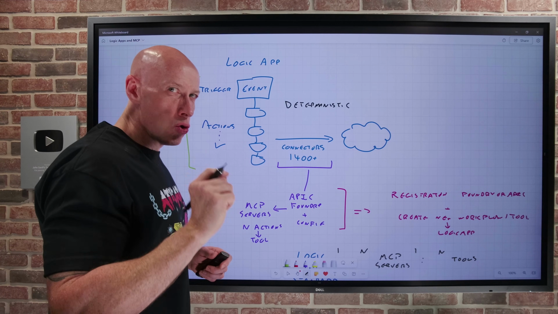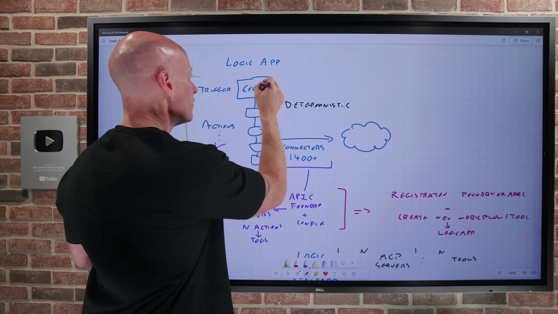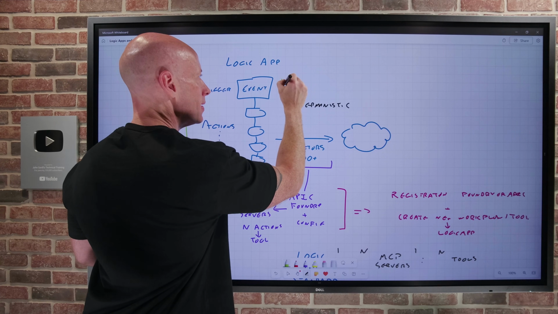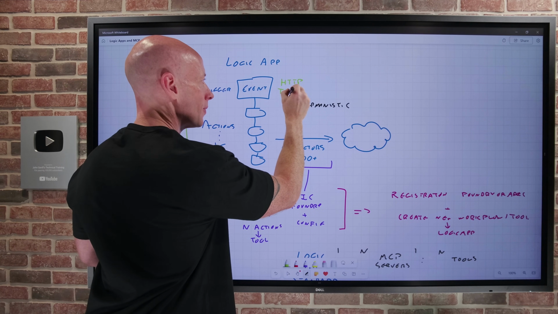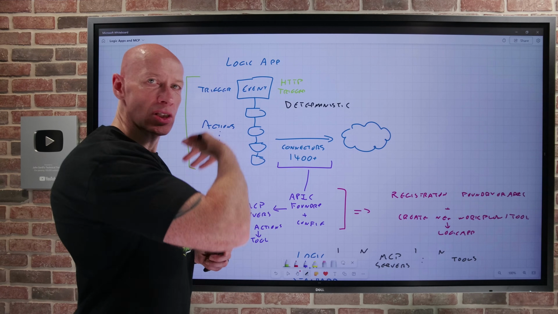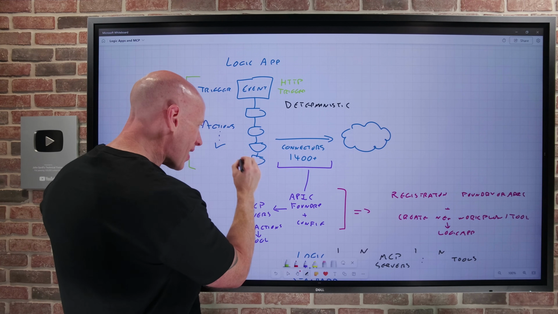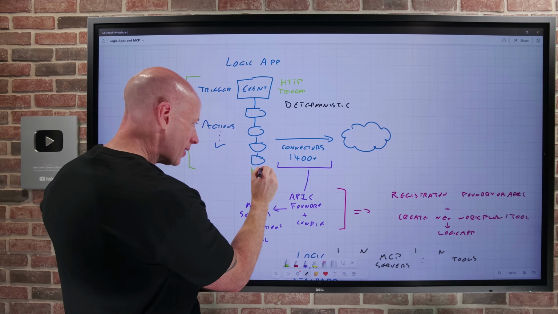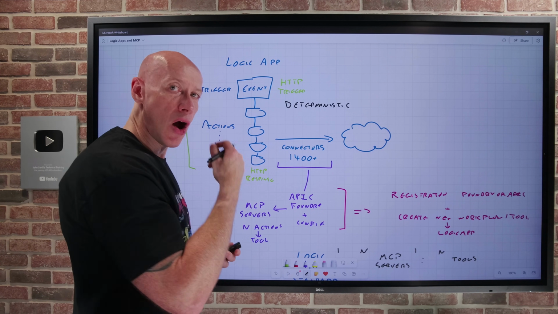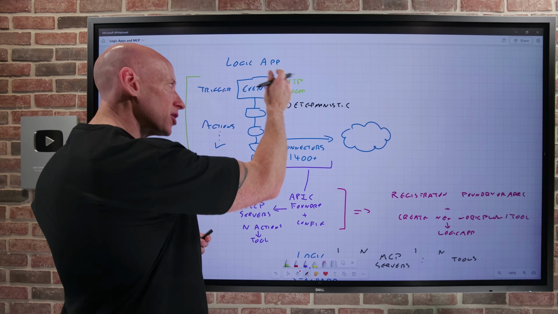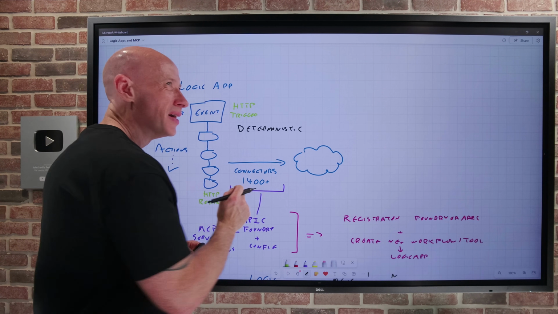There's two requirements I have. For this trigger, it has to be an HTTP trigger, because that's how it's going to get called. And also at the end, it's going to have to give out an HTTP response. So in my workflow that I have created, I have to have an HTTP trigger and I have to give an HTTP response at the end.